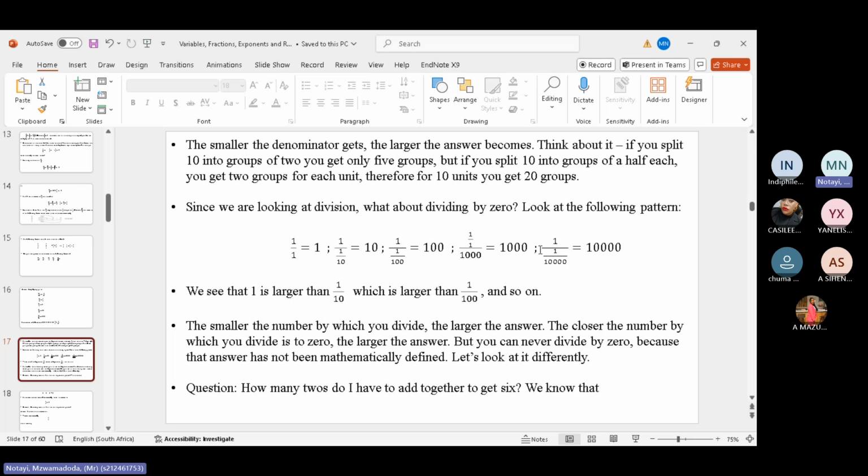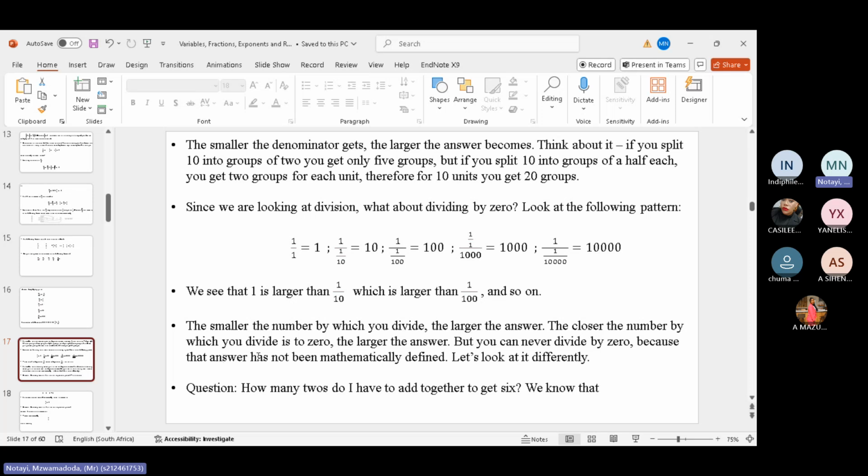So the answer of 1 divided by 1 over 10,000 is going to be bigger than 1 divided by 1 over 1,000, because 1 over 10,000 is way smaller than 1 over 1,000. So the smaller the denominator, the bigger the answer. So the smaller the number by which you divide, the larger the answer.